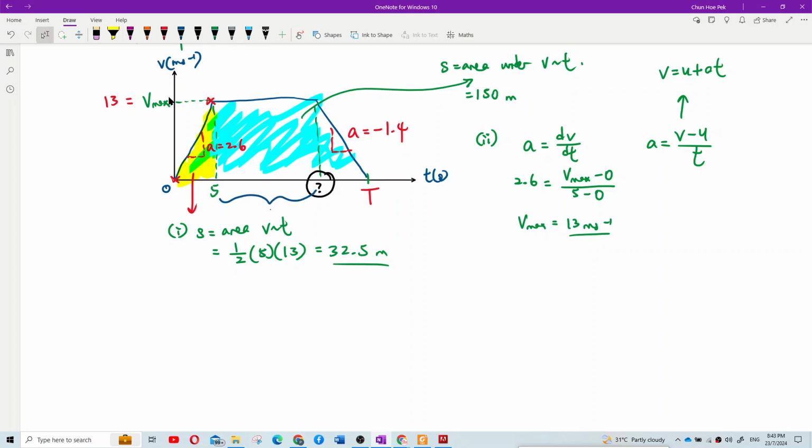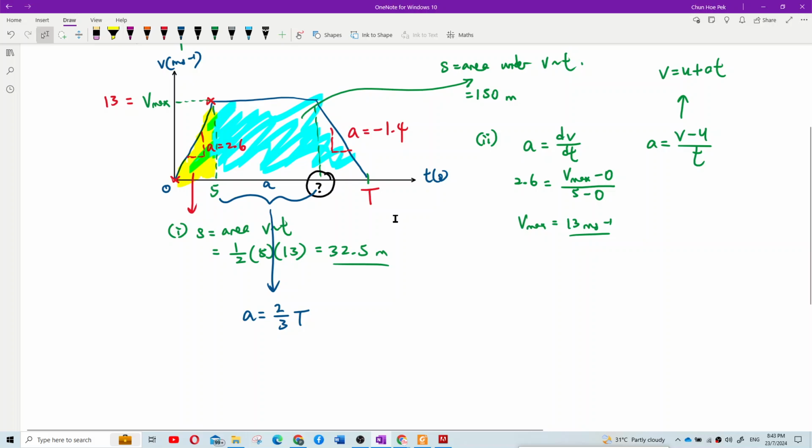This part, let's label it as A. So A is 2/3 of the total time. 2/3 of the total time.